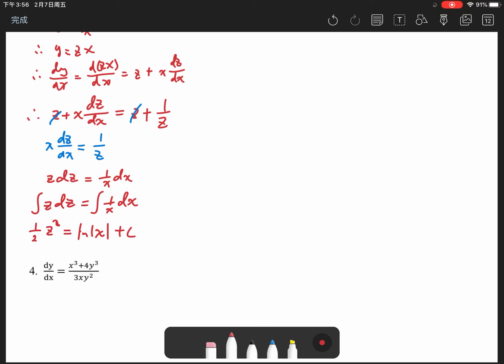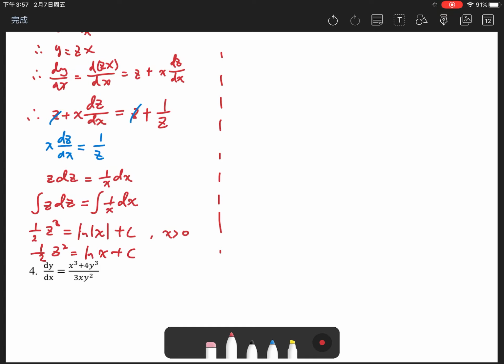Because x is greater than 0, we can remove the absolute value sign. So it becomes 1 over 2 z squared equals ln x plus constant c.